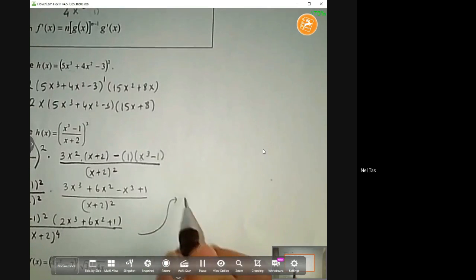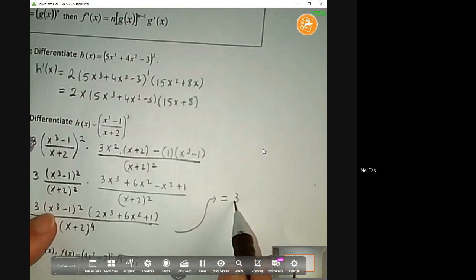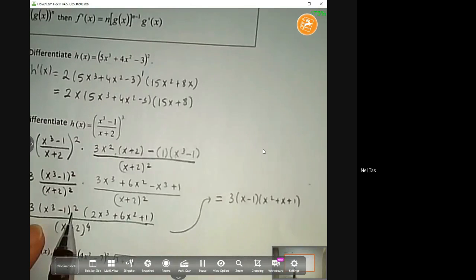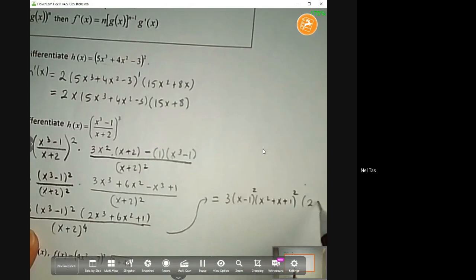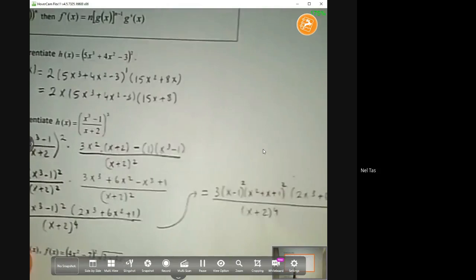So 3 times x cubed minus 1: factor it using difference of cubes, x minus 1 times x squared plus x plus 1. But it is squared, therefore these two are also squared. And we still have 2x cubed plus 6x squared plus 1 over x plus 2 to the power of 4.